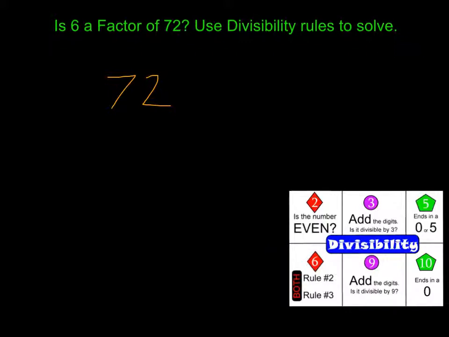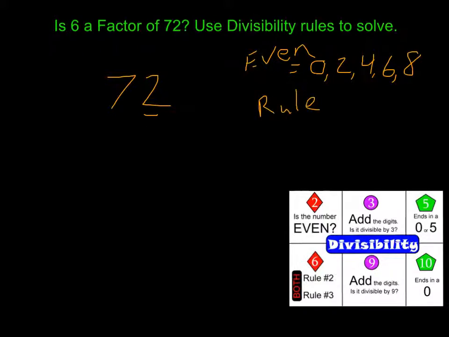Well, if a number ends in 0, 2, 4, 6, or 8, it is even, and even numbers are divisible by 2. Because our number ends in a 2, we know it is good for rule number 2. Check. We're good there.